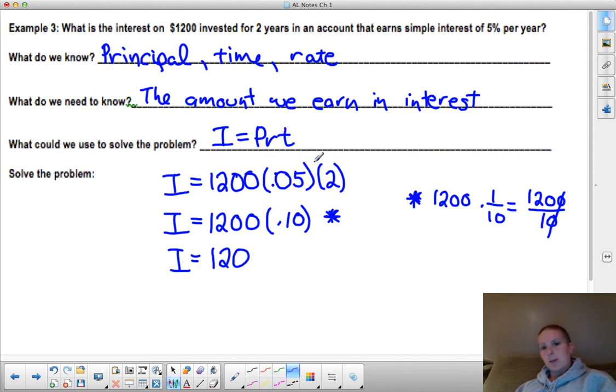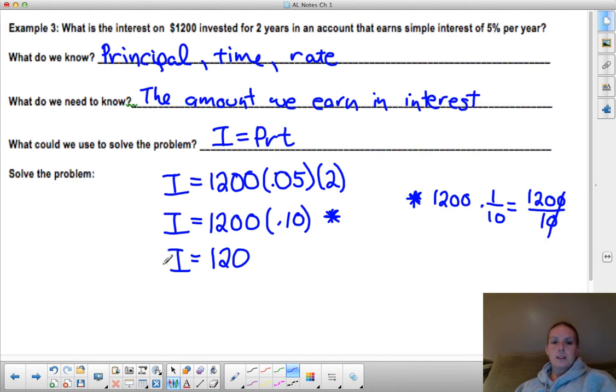I just wanted to make sure I pointed out to you that 5%, right? Move that decimal over 2 places to get 0.05. Or if you don't like decimals, you could just as easily have used 5 over 100, and this problem might have been even easier. You can see my math. I showed you what I thought in my head. I put it over here on this side for you.